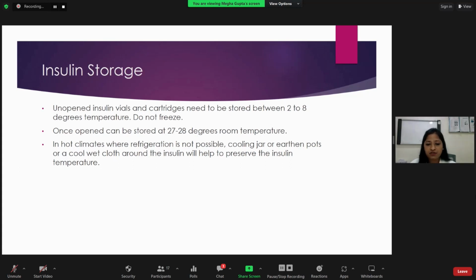In hot climates where refrigeration is not possible, patients can use a cooling jar, earthen pot, or wet cloth around the insulin to help preserve its temperature. It is very important to maintain the temperature, because otherwise the color of the medicine can change or its efficacy will be lost.